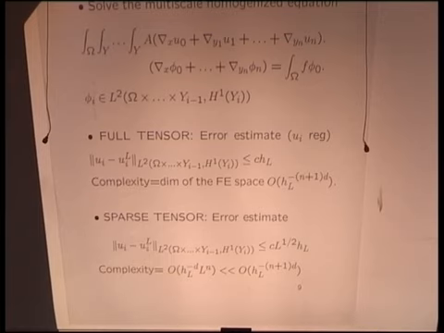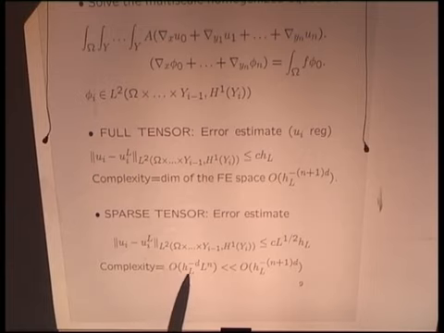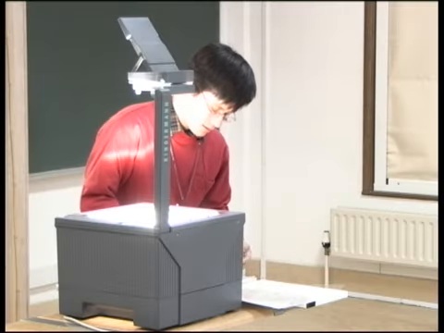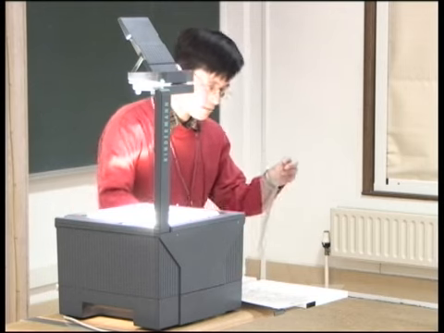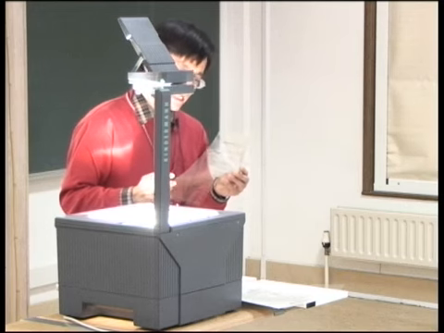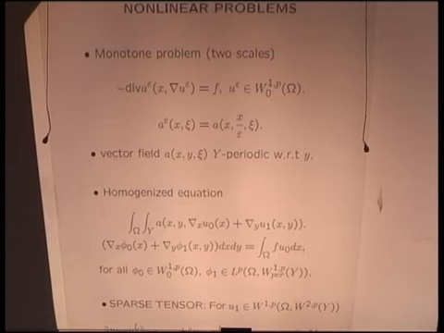For the sparse case, we have L to the 1/2 times HL, and here we have just L to the n times HL to the minus D. And we can use the same technique to solve some non-linear equations, and it is what I am working on now.